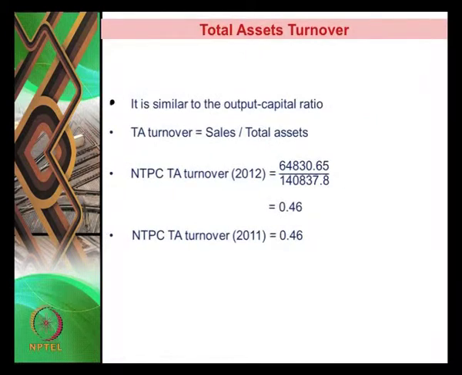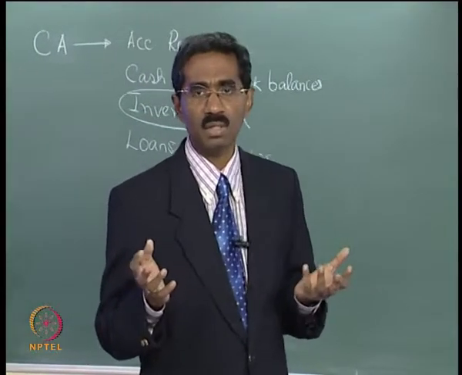Now let us look at the third turnover ratio, which is your total assets turnover. Total assets turnover is very similar to fixed assets turnover, except that in this case we are measuring the amount of sales generated on the total investment that is being made in the company.